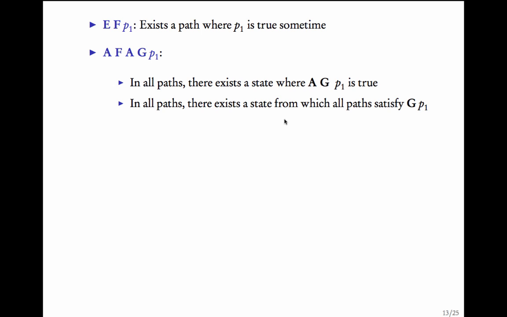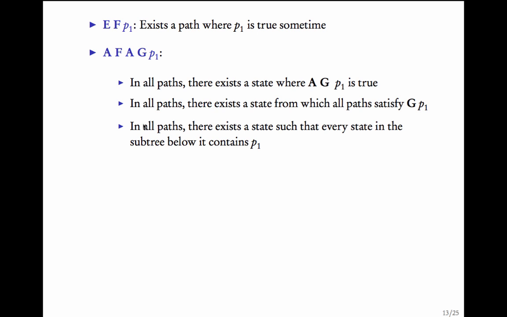Now, this just means that in all paths, there exists a state such that every state in the subtree below it contains P1. Okay? This is the meaning of AF AG. In all paths, there exists a state up to this AF such that every state in the subtree below it contains P1.